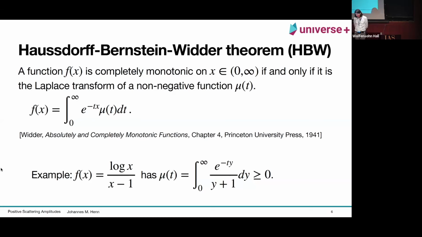And let me give you a particular example, which came up in this proof of a remainder function. So we're able to prove that this curly E function is CM. And there's an open question for me at 2 loops whether the remainder function is CM or not.